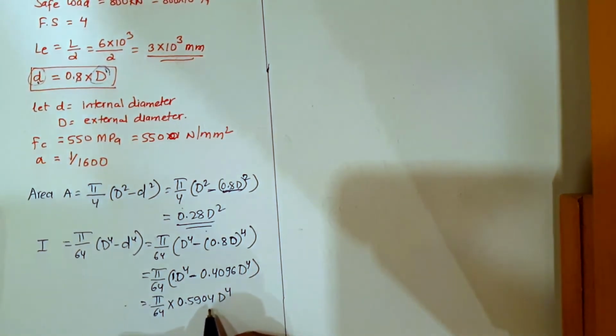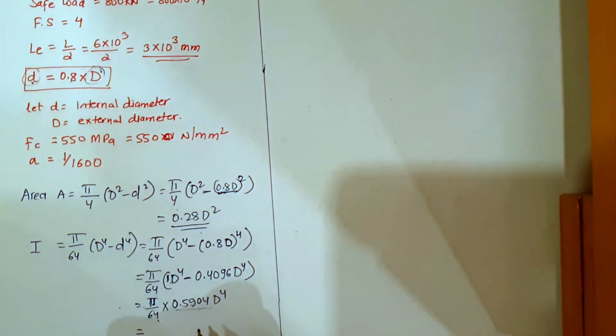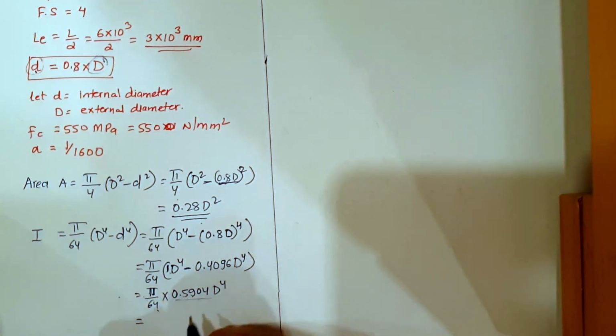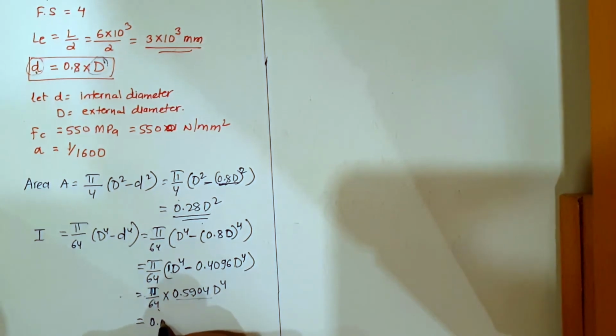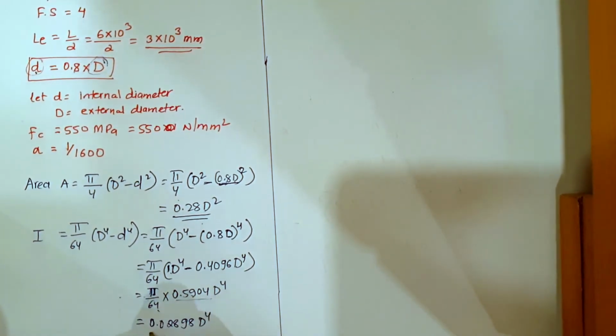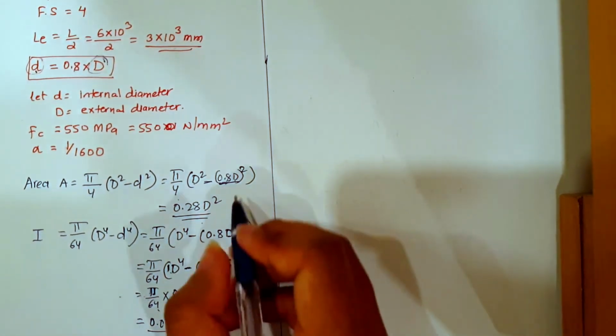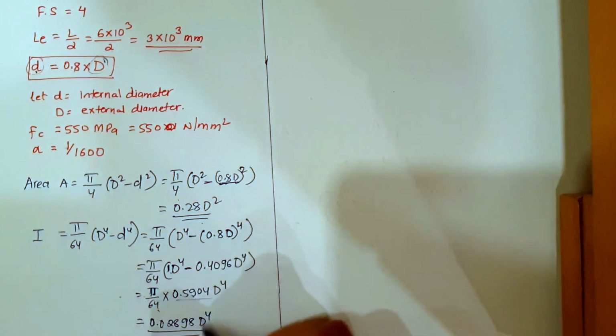Now multiply this value with pi and then divide by 64. After solving this, I'm getting 0.02898 D raised to power 4. So this is the moment of inertia. Solve the area also in a similar manner.